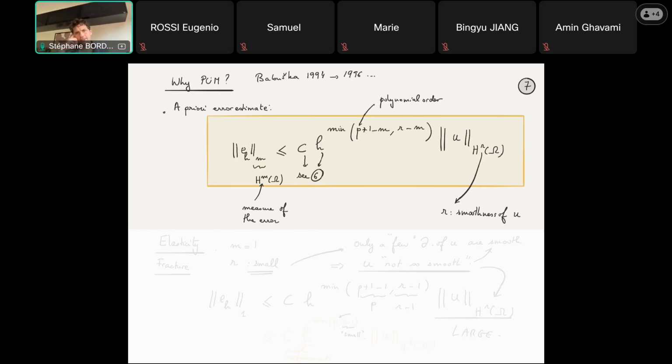So what we have is the minimum of the polynomial order plus 1 and r. So what the hell is r? So r is the regularity of the solution u. That means how many times can I differentiate u and compute the integral of that differentiation value and find something which is still well behaved.